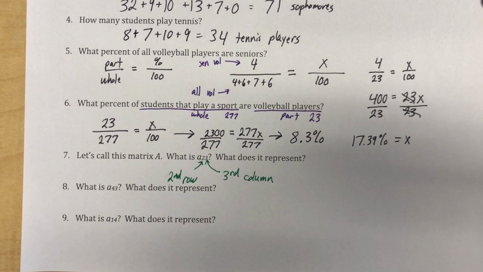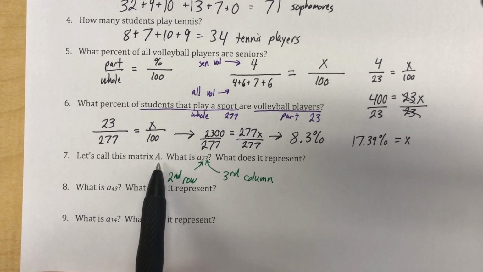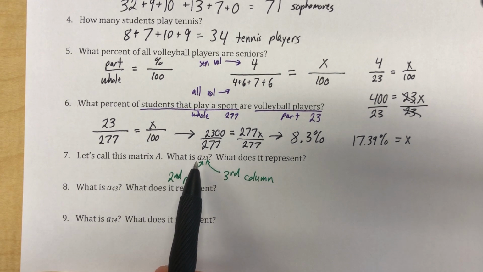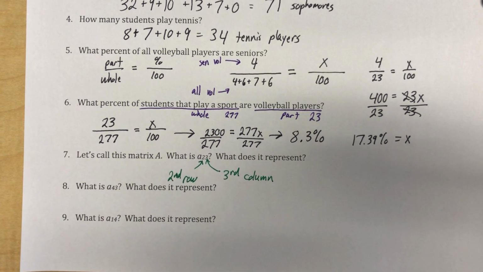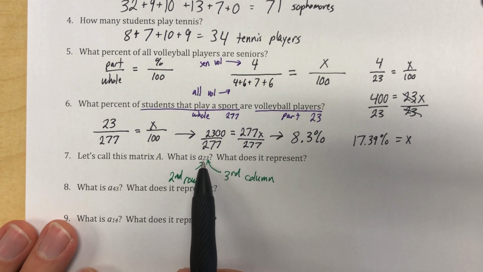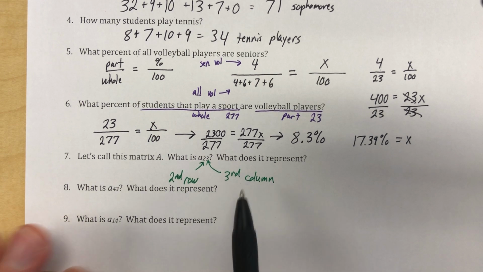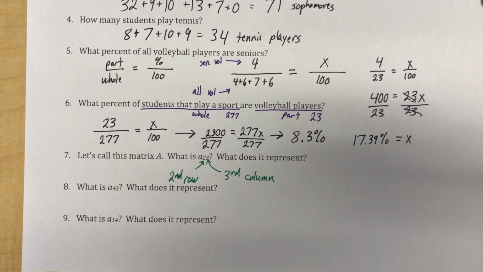Okay, and so if I'm dealing with matrix A and then they start asking about little a, they want to know a specific piece of information, one little bit of the data. So what I'm going to do is look in my matrix and go to the second row and the third column, and I'm going to pull that number out, and then I'm going to talk about what it means.